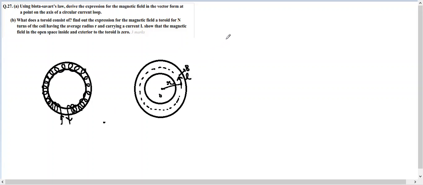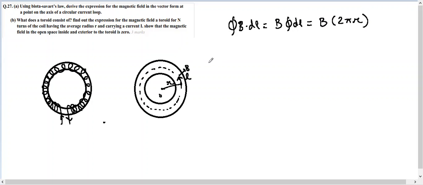We know that the closed integral of B dot dl, B is constant, so it would be taken outside. So the integral of dl, what is the integral of dl? It is going to be equal to the circumference of the circle, that is 2 pi r.